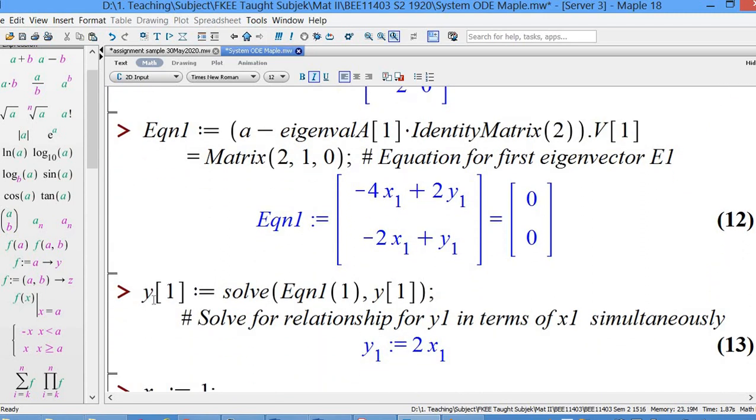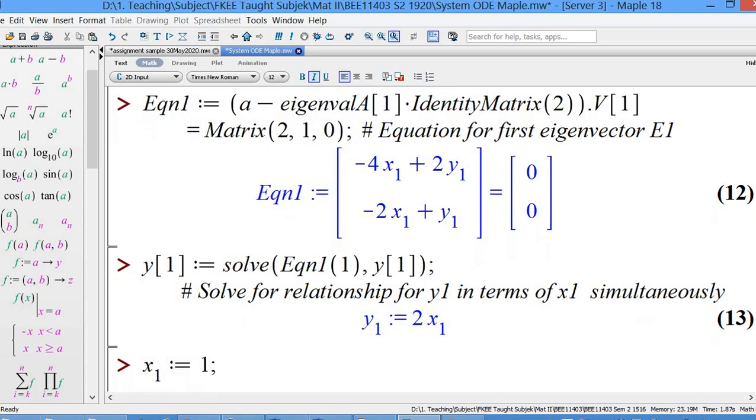Then y1 we solve from equation 1. These two equations are equivalent; equation 1 and the bottom one are equivalent. So we solve equation 1, taking the element with respect to y1. You get y1 equal to 2x1.